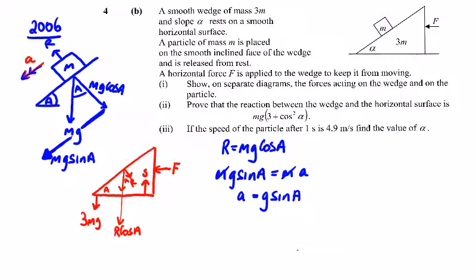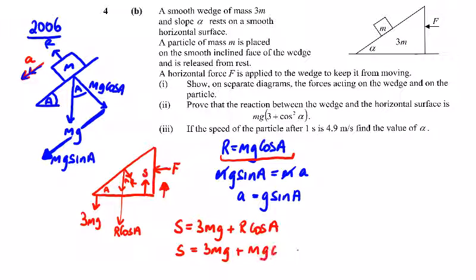So let's have a look at our reds. We take S first, up in this direction, because it obviously can't go through the ground. So S is going to be equal to the 3mg plus the R cos alpha. We have R from up here. Will this help us get into the question? S is equal to 3mg plus mg cos alpha by cos alpha.